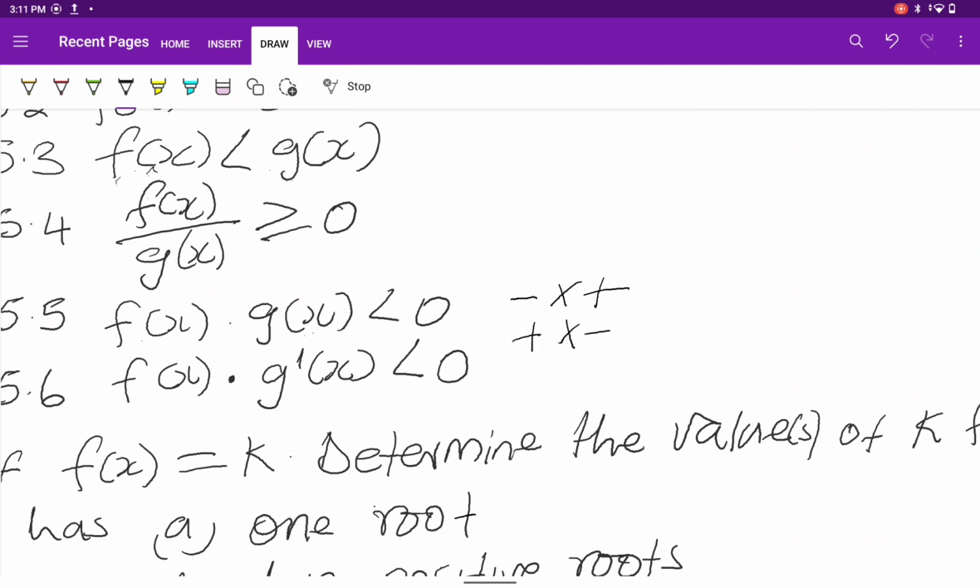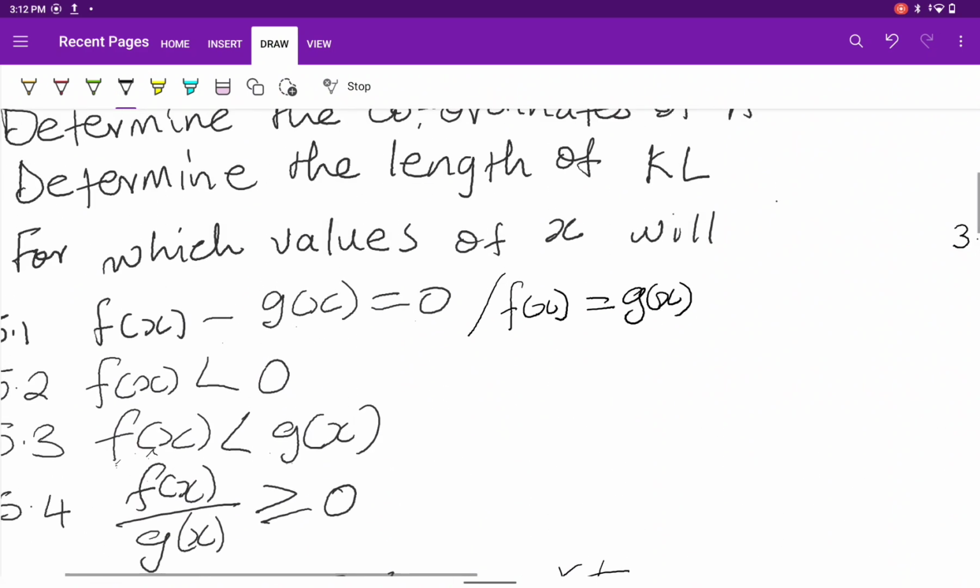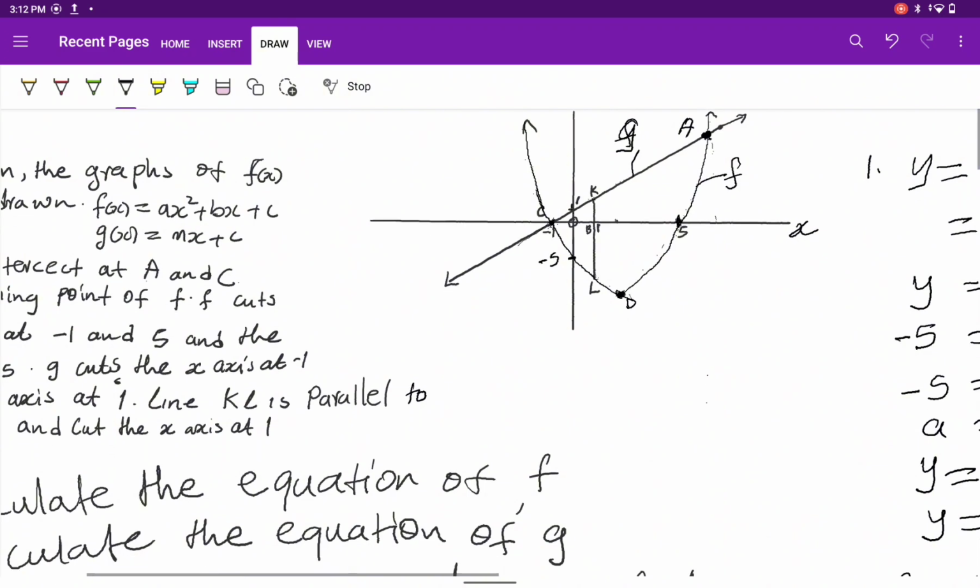So this means that one of our graphs must be below the x-axis and the other one must be above the x-axis. It doesn't matter which one. So it's like the same as what we have here, and already we have that situation. We know that 1 is above from negative infinity to 5, with the exception, because there's no equals to, we will exclude the negative 1.